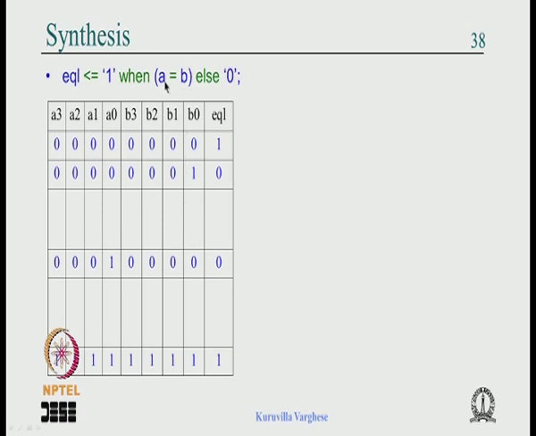I say that instead of A3 down to 0, I suppose I say A15 down to 0. The moment I say 15 down to 0, you have A15 to A0, B15 to B0, there are 32 values, and the number of rows in this truth table will be 2 raised to 32, which is 4 gig.